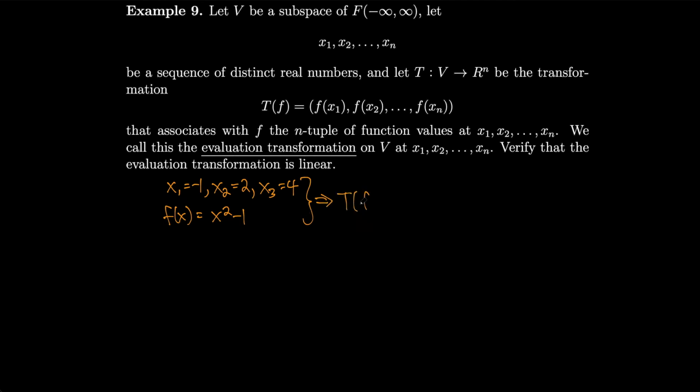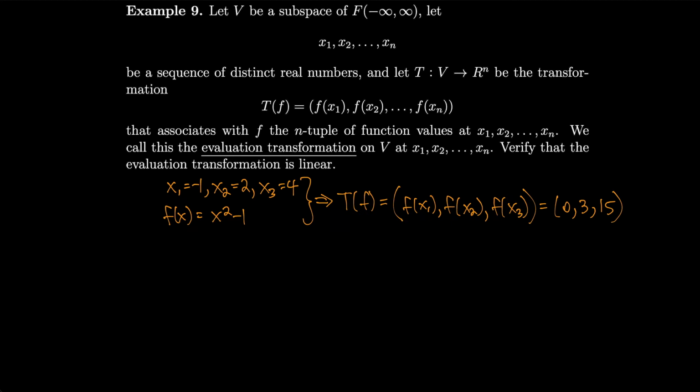So T of f would be the tuple f of x1, f of x2, f of x3. It's a 3-tuple in this case, an ordered triple. Plugging in -1 squared minus 1, we get 0. Plug in 2 squared minus 1, we get 3. And 4 squared minus 1, we get 15. So it becomes 0, 3, 15 in the output of this transformation.